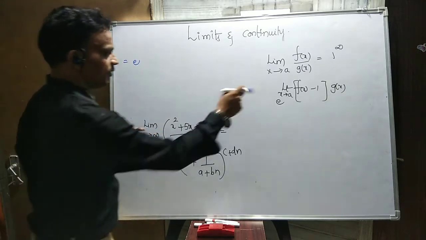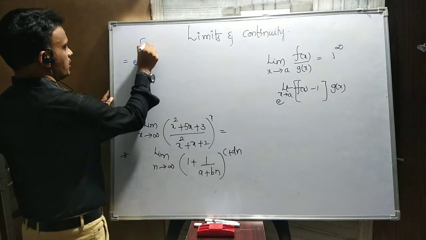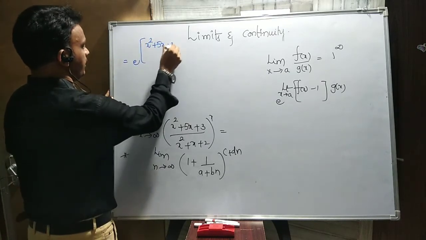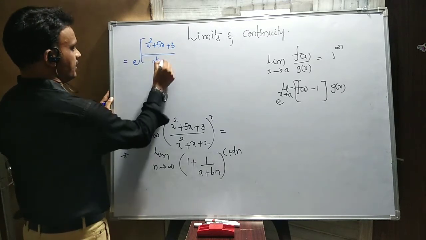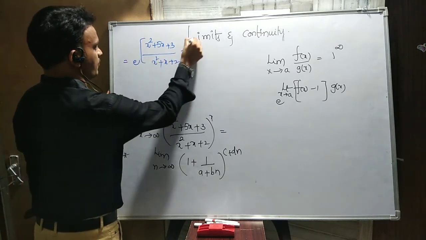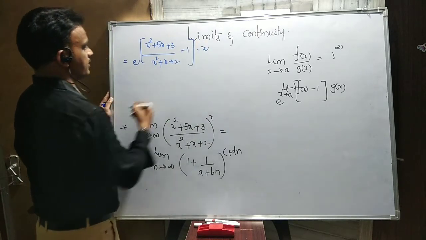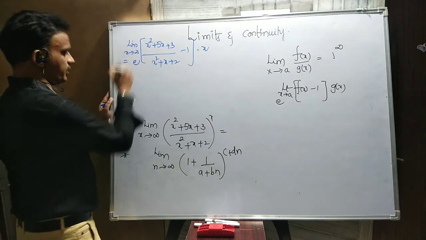E power f(x) minus 1, this total thing minus 1, which is (x square plus 5x plus 3) by (x square plus x plus 2) minus 1, into g(x). What is g(x)? It is x. Apply the same limit, as x tends to infinity.